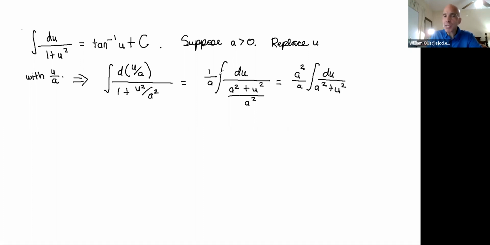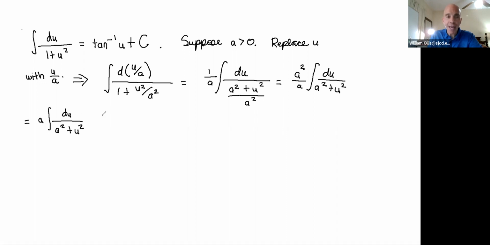Now, of course, the a squared over a reduces to a. So we have a times the integral du. You know, when you see these calculations done, you really understand that we're just doing a lot of college algebra, and that's really what pushes us forward. So the techniques that you learned in college algebra and pre-cal are so important.